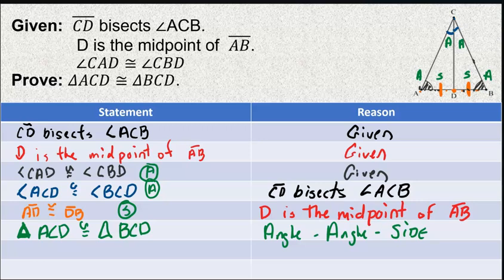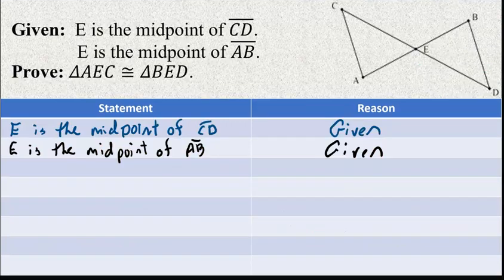Alright, let's do the next example. As I like to, in my subsequent examples after the first one, I like to move along a little bit quicker for the sake of your time. So in this case, we have two sets of lines with the same midpoint. E is the midpoint of CD.